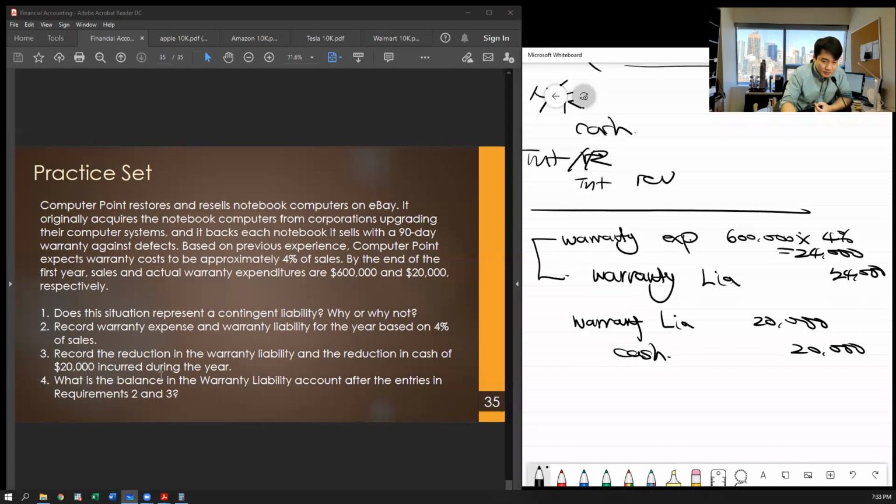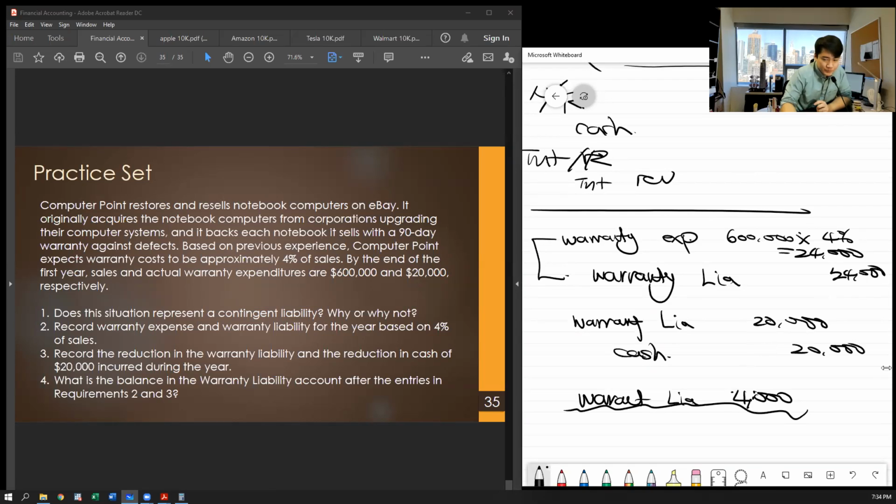What is the balance of the warranty liability? Originally you increased liability by 24, you decreased it by 20. So at the end of the year, you have a remaining warranty liability of $4,000 reported in the balance sheet.